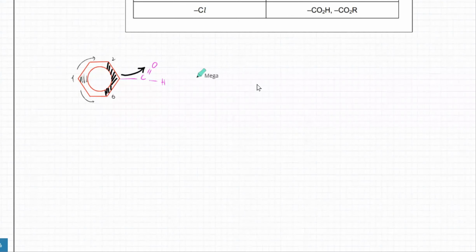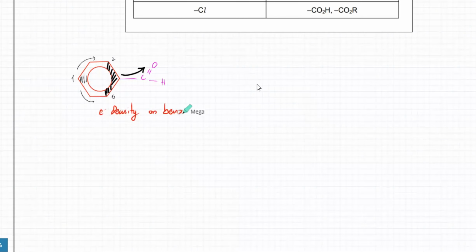So previously the electron density was actually higher at position number 2, 4, 6. Now because of the reverse effect, the electron density is actually lesser, and it's overall lesser because overall the electron density on benzene decreases because it's being pulled by the atom on the right side.